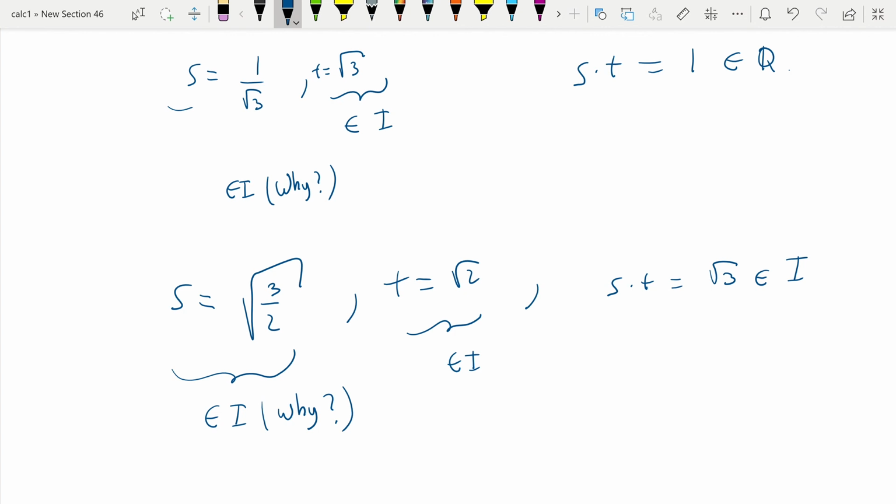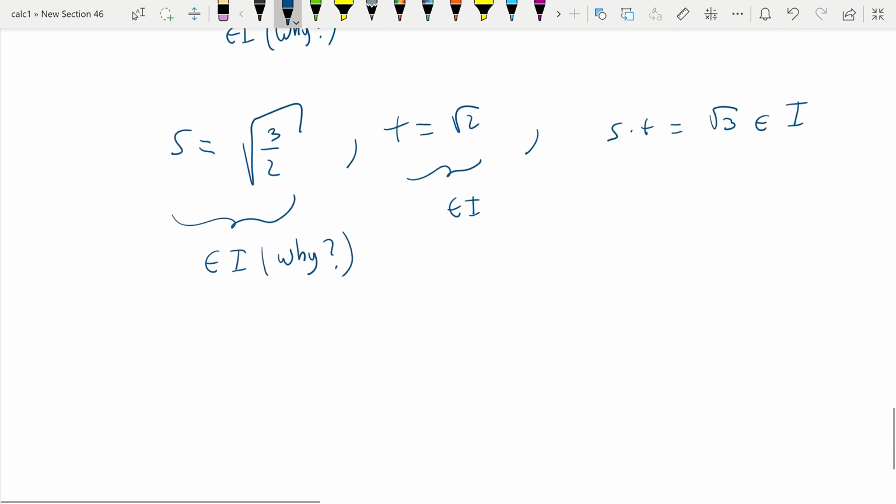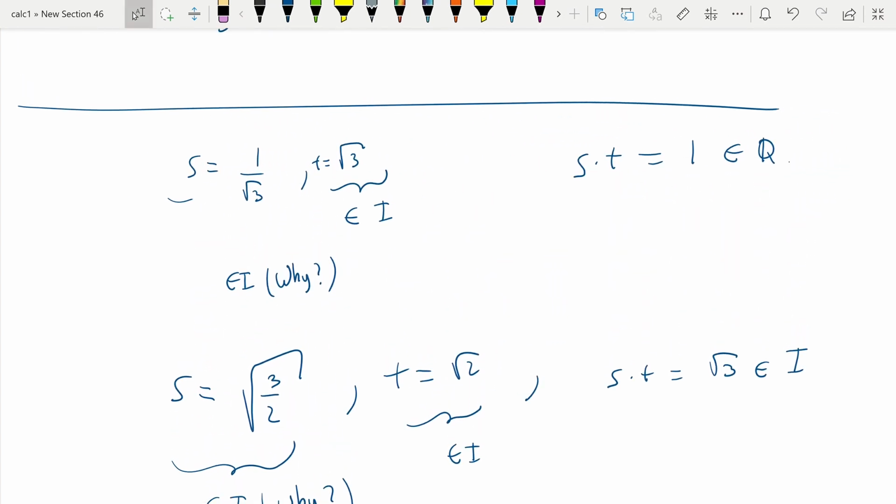That would be a direct contradiction, so you have to assume from the very beginning that the rational number you're expressing square root 3 over 2 as is in its reduced form. So try to do that, and that would conclude this problem.